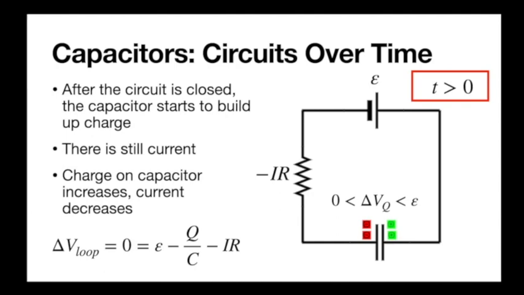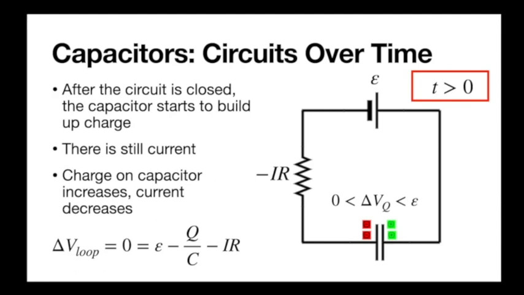We know that's the case when the circuit is at equilibrium, when the current is 0. And so to solve for Q naught, I just set I equal to 0, and then I get Q equal to epsilon times C. Right? I just move this over here, multiply by C. Or if I wanted to find the initial current, we know my current starts at some maximum value when there's no charge on the capacitor.